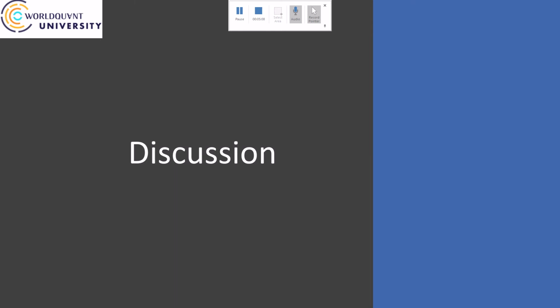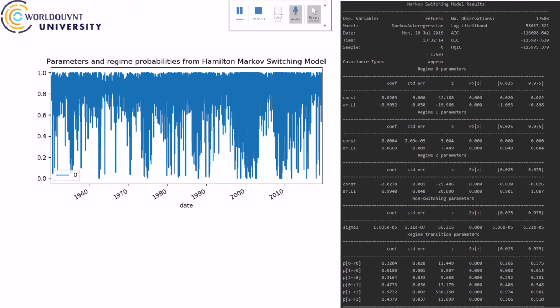We can now make some discussion about this result. If we make a graph of what we call the smoothed probability over the sample period used, we can observe that the first regime is the usual one, and the second regime is a departure from the first one.